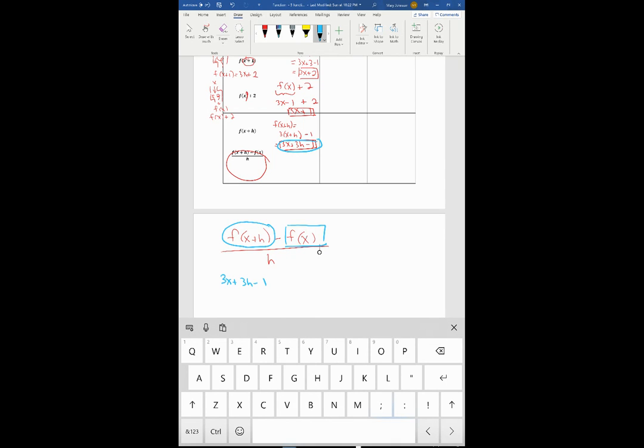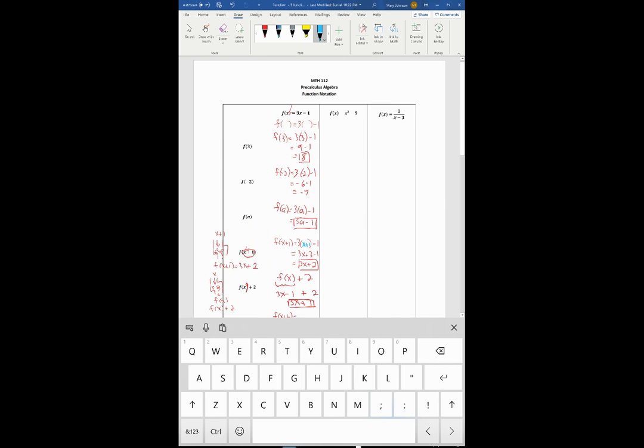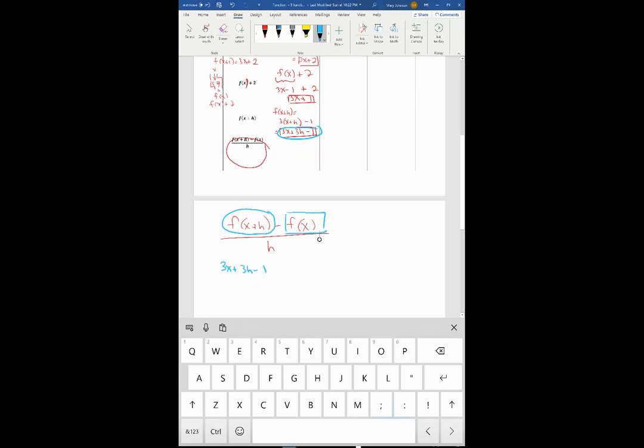In place of f of x, I have to really look way back here. f of x was just 3x minus 1. But be careful, because this and this get subtracted, and when you're finished, you divide by h.